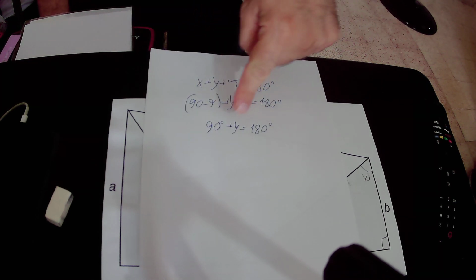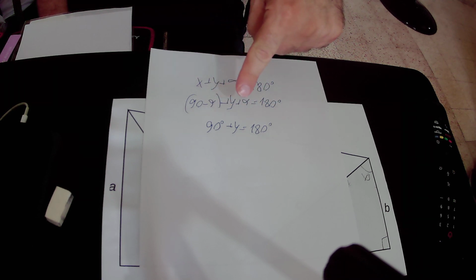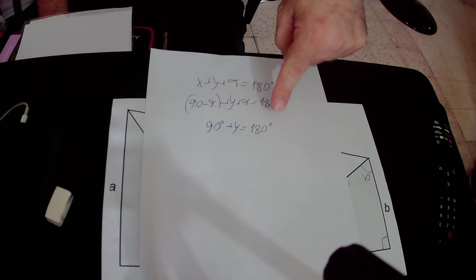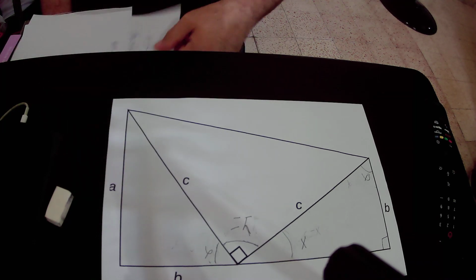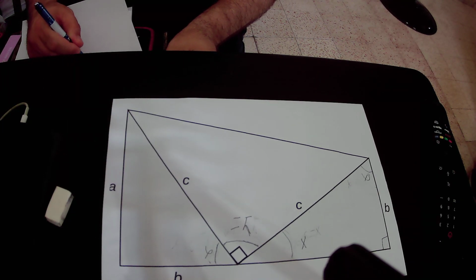Alpha was eliminated from the equation, and if we subtract 90 degrees from both sides, then we get that y equals 90 degrees.